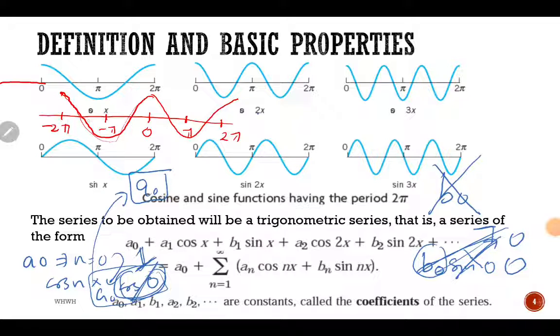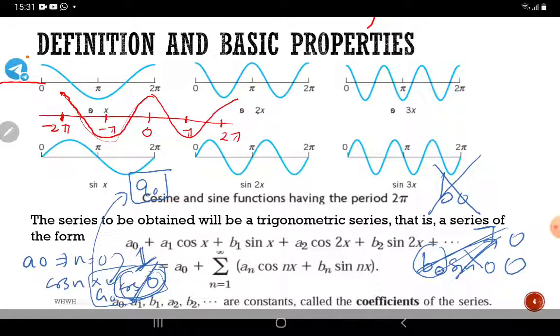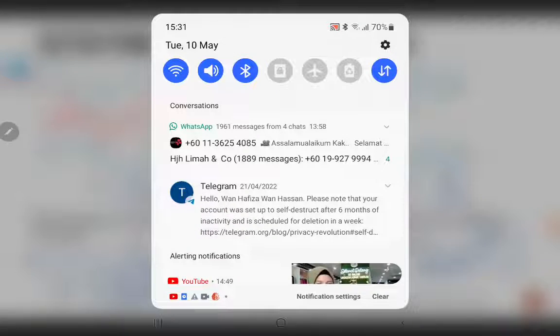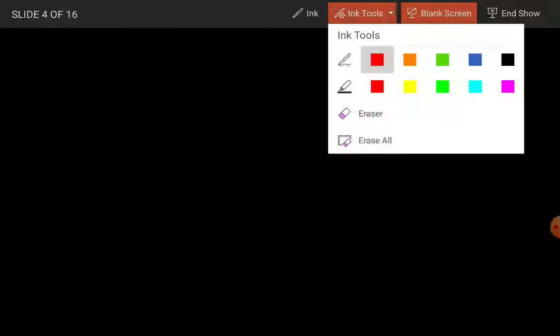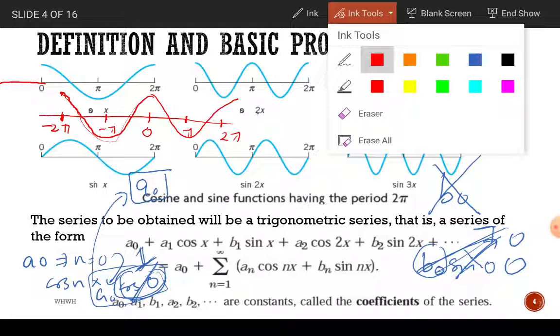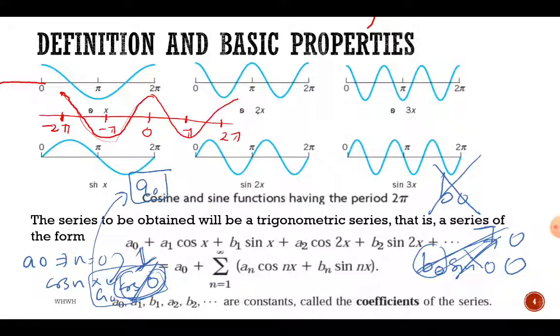Nampak tak? So kalau you tengok kat sini, maknanya value of pi sama dengan value of negative pi. Sama kan value dia? Maknanya cos pi sama dengan value cos of negative pi.